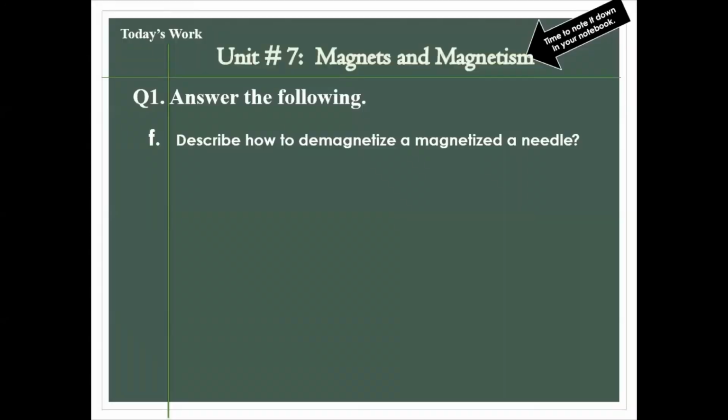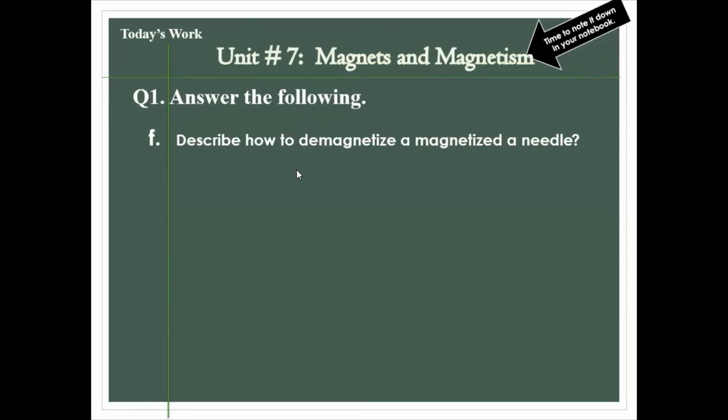So students, now we come to today's work: unit number 7, question number 1, part F. Describe how to demagnetize a magnetized needle. The word demagnetize means to remove or reduce the magnetic force. How can we remove it?